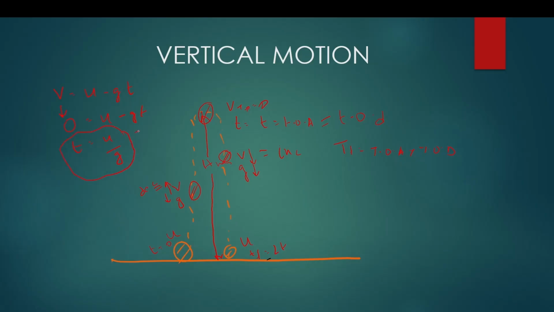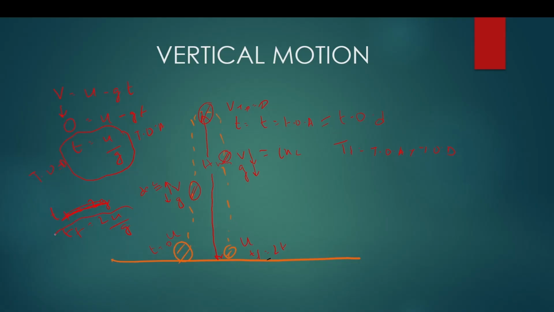This is the time of ascent, which is equal to the time of descent. And the total time of flight T_f equals 2 times u by g.